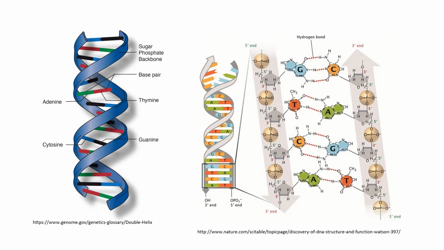So when Watson and Crick finally discovered the structure of DNA, they found that it is basically a double helix molecule that is made up, as the name suggests, of deoxyribonucleic acid. And what does that mean?